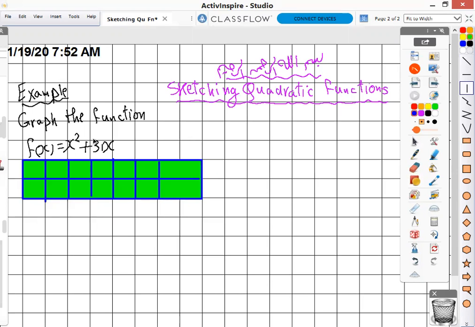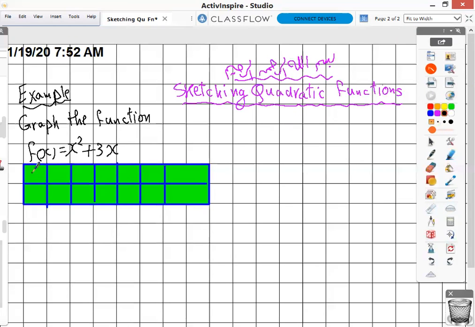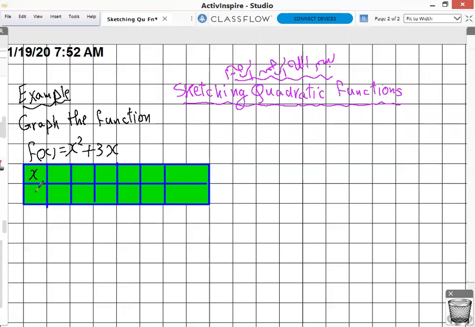Okay? You get something like x-intercept. Then here we have x and f of x, or values of y.